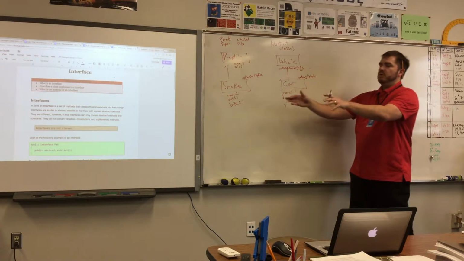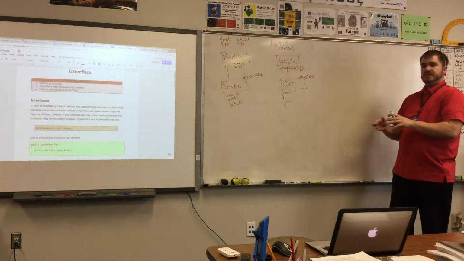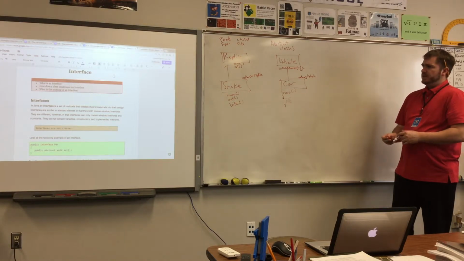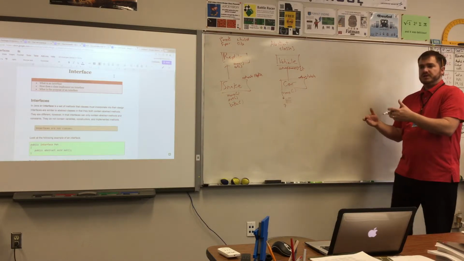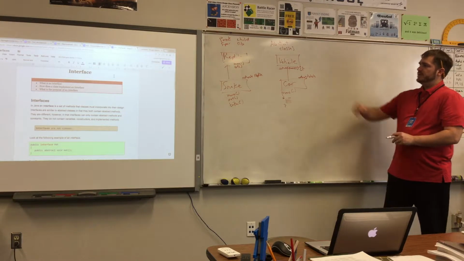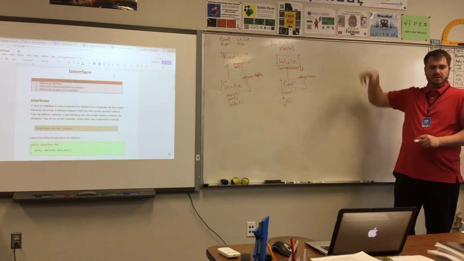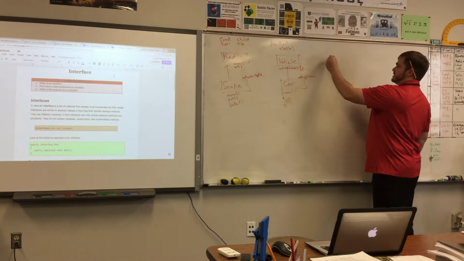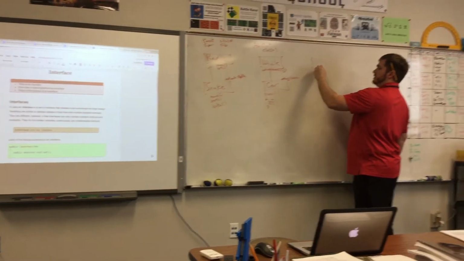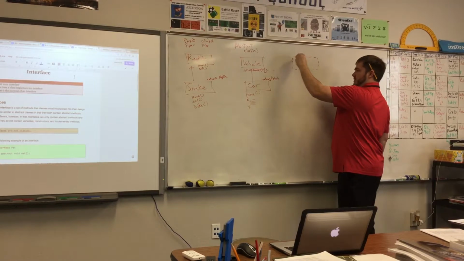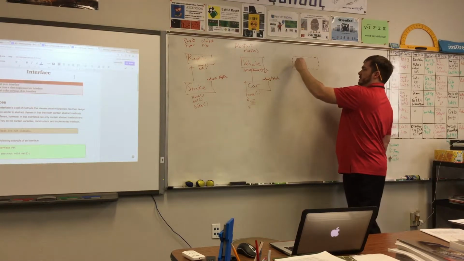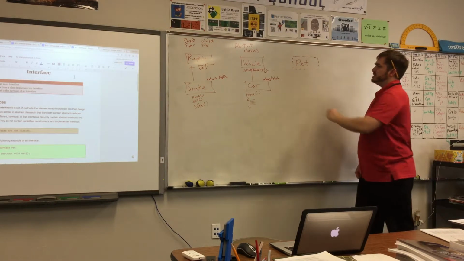Now, what we're going to talk about today is an interface, and it follows this progression of giving less information, but also being more demanding from the parent. Okay? So since this is an interface, I might make some dashes. So this is an interface.